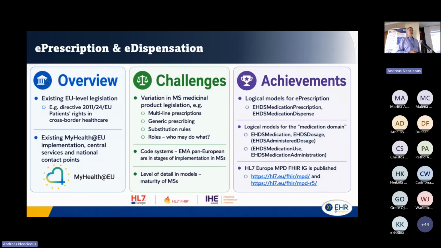In this work, we had to tackle things like multi-line prescription. Some countries have in their regulation that a prescription can have multiple medicinal products, and there are also rules about how these can be dispensed. Some do not, and do not wish to see any multi-line prescriptions ever.